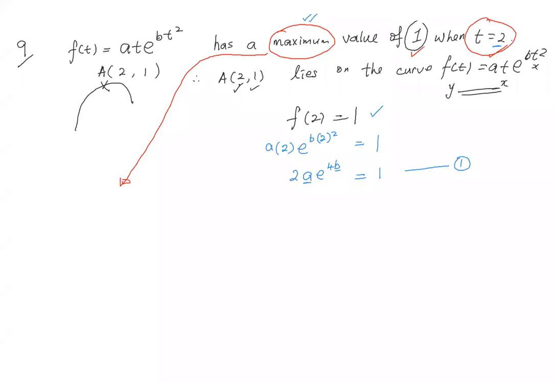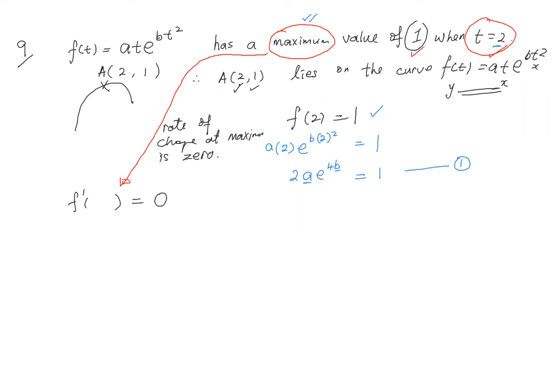So what should I write? F prime something equal to 0, because I know the rate of change at maximum is 0, correct?